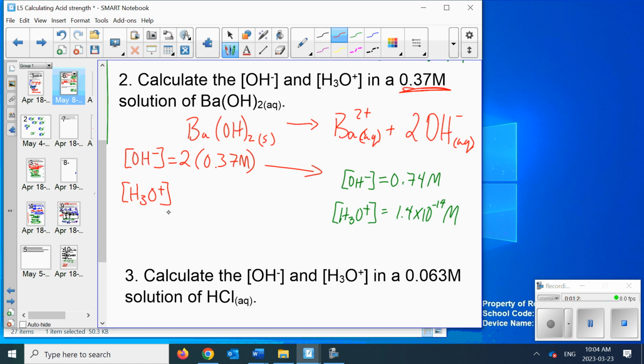Because we're using the Kw expression, it just ends up being 10 to the minus 14 divided by the other one. Now, I wouldn't normally put arrows on my work sheet. The real work is coming out with the equation.